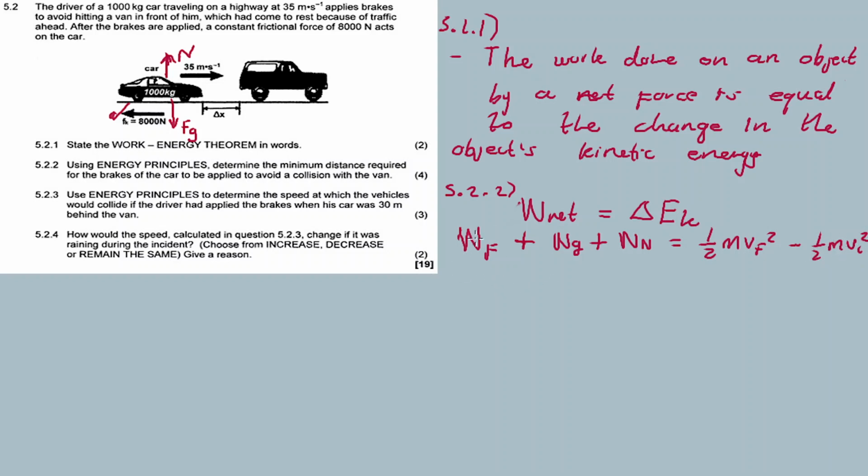The work done by the frictional force is F, which is 8,000, times delta x times cos theta. Delta x is unknown, it's the value we calculate. What is theta? 180 degrees. Remember, the direction of motion is forward, but the friction is in the opposite direction, so the angle between them is 180 degrees.